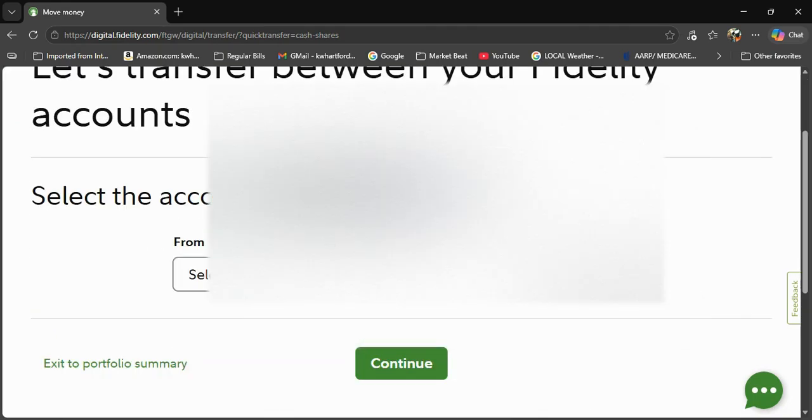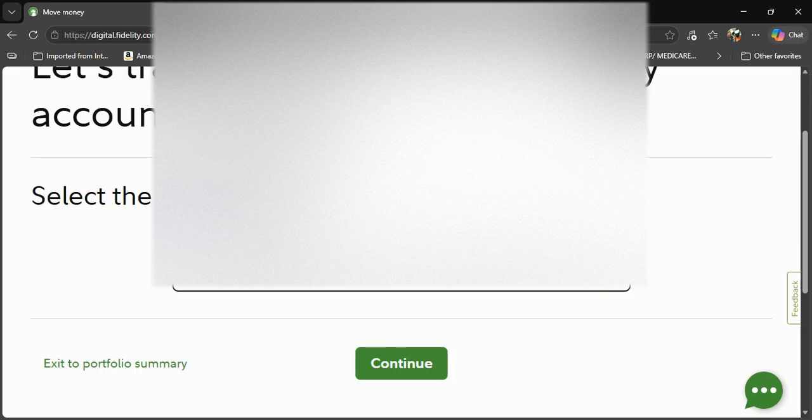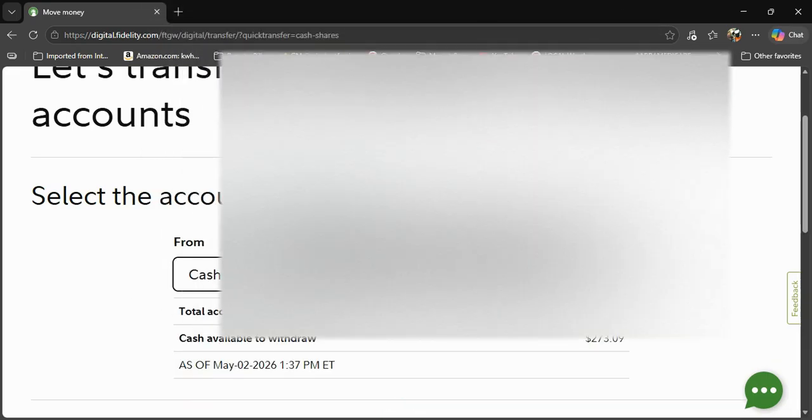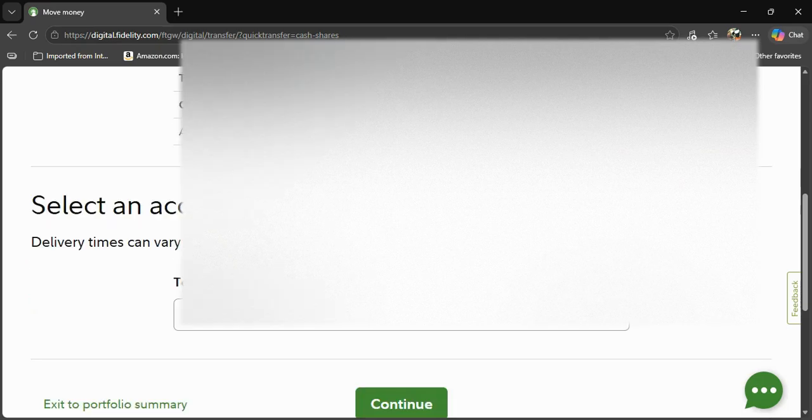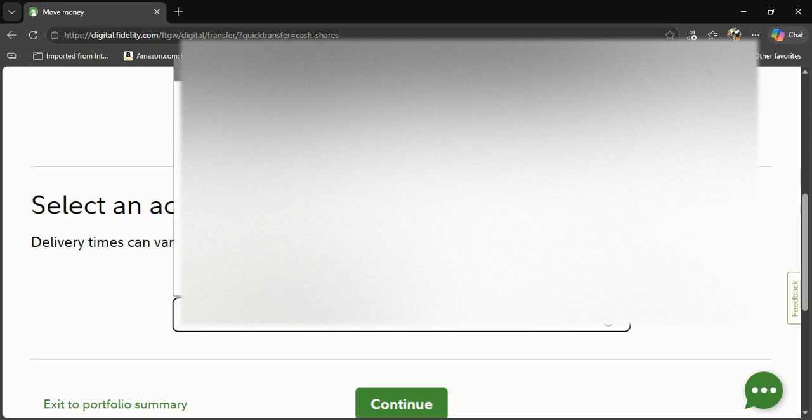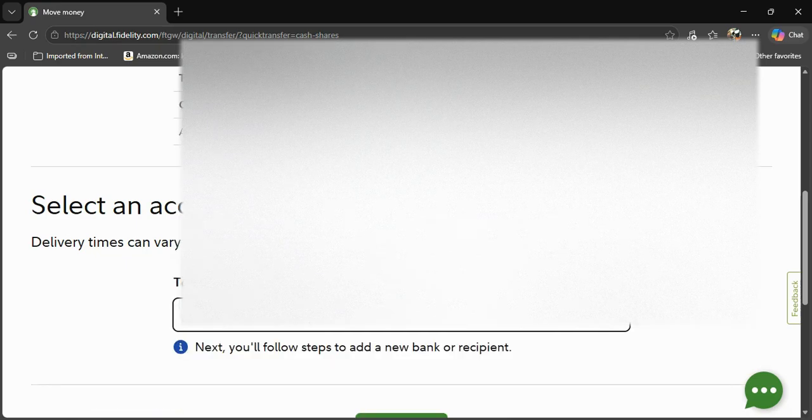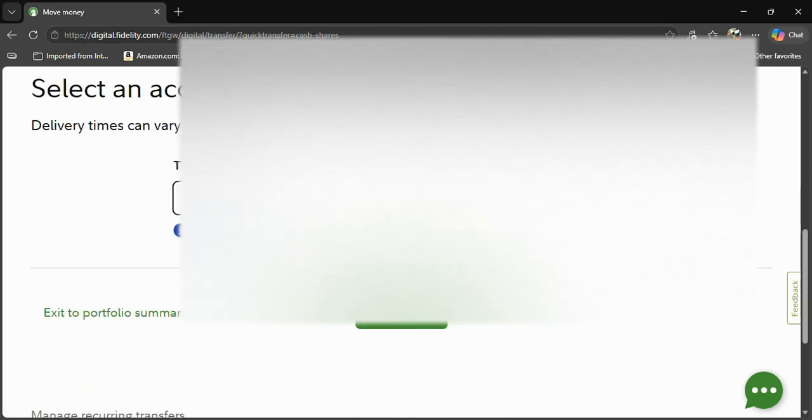So you're going to select, first of all, one of your accounts, and then you're going to select the account to transfer to. You're going to need to add a recipient, and you're going to go to Continue.